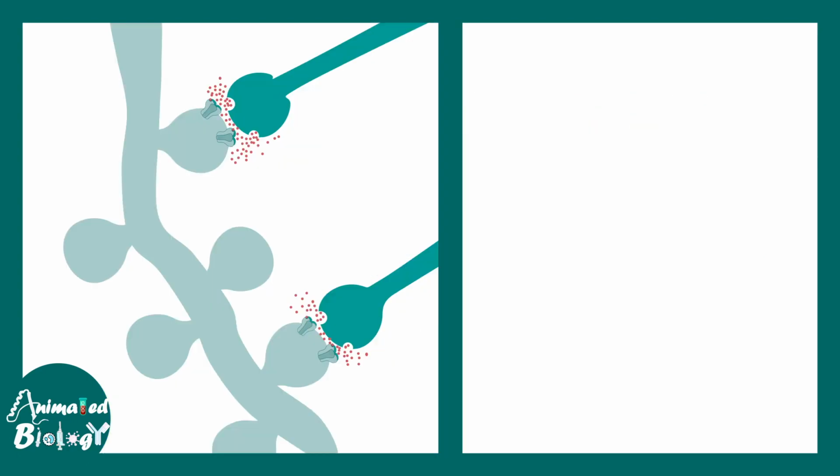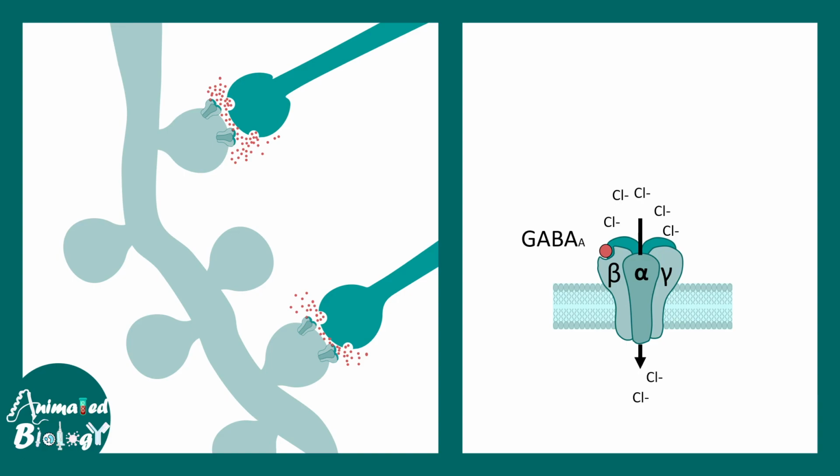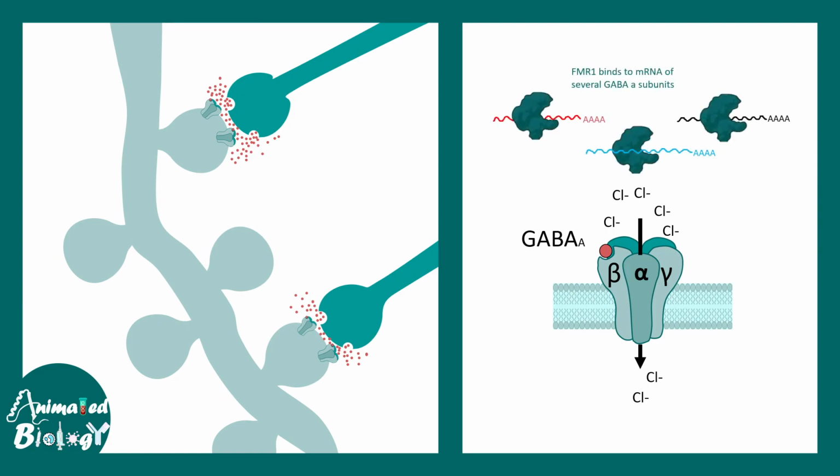Now, one of the reasons why there is uncontrolled activity can be understood if we look at the synapse in a bit more detail. So the GABAergic synapses, that means the inhibitory synapses, are a bit non-functional, because in the postsynapse of the inhibitory synapses there are GABA A receptors which have several subunits, and many of these subunits are bound to FMR1 protein in the normal scenario.